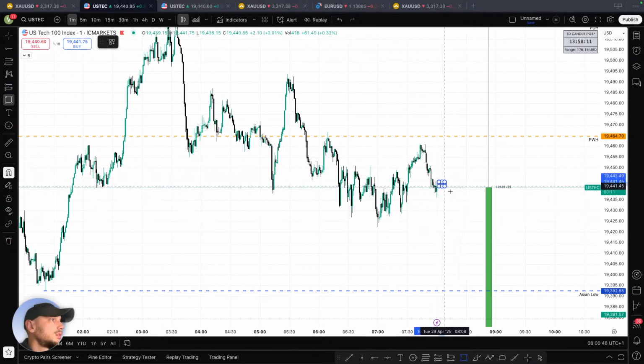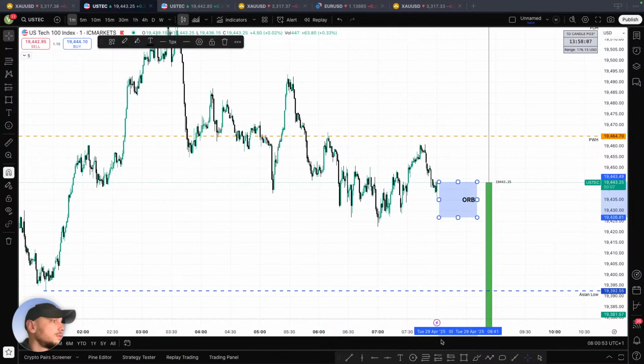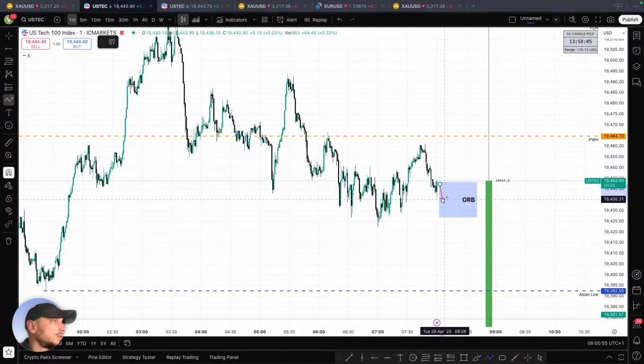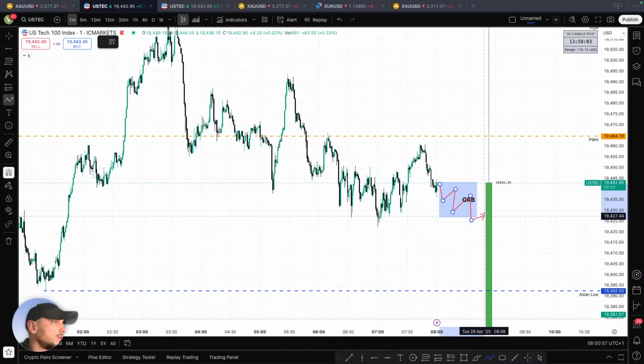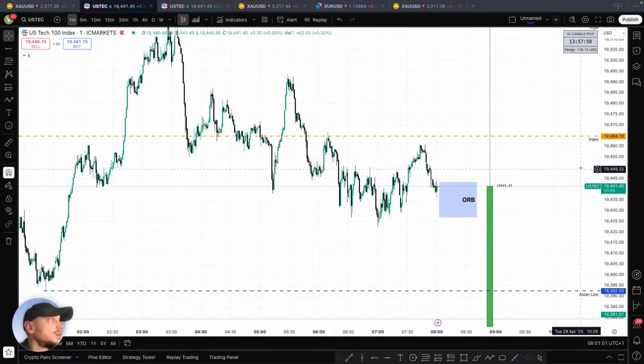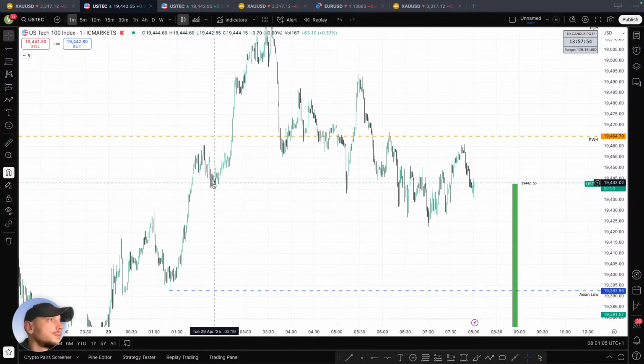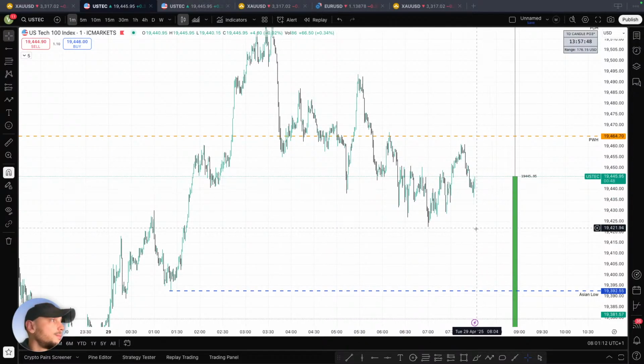So ideally, we want to see, if this is the ORB, price go inside the ORB and break below and keep going below. So we're going to enter short. Now we collect some liquidity and we had this reaction, but then we keep trending down.